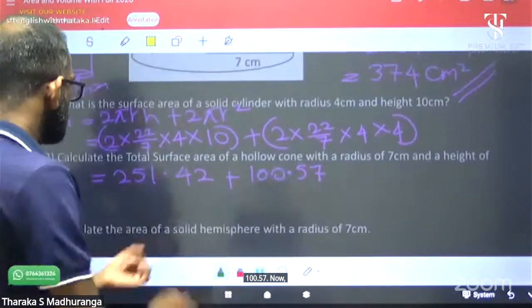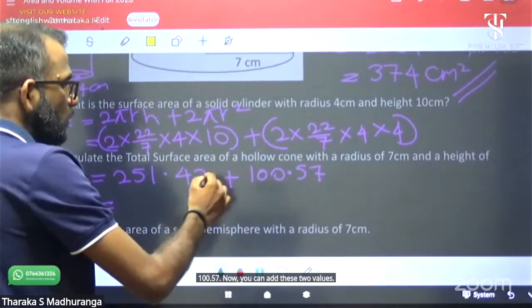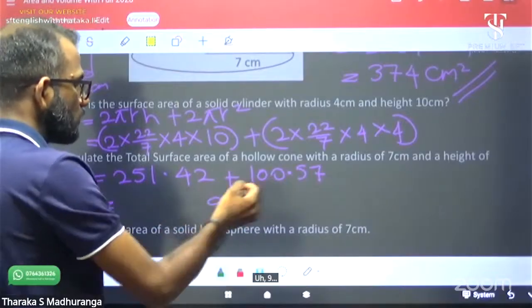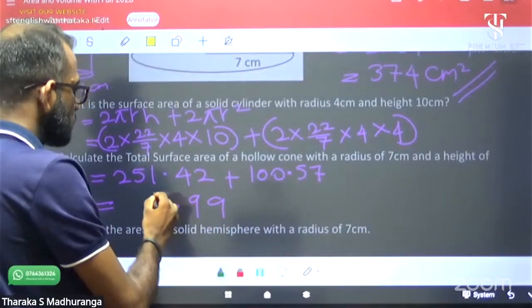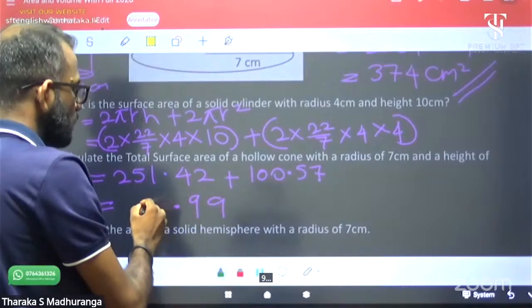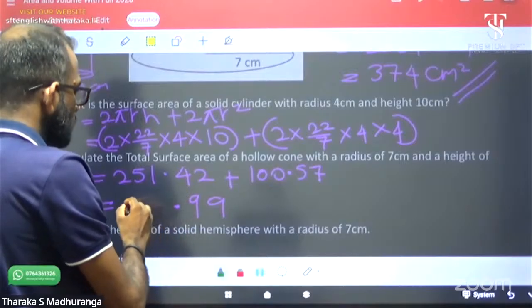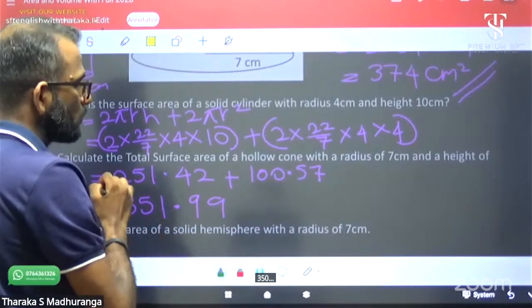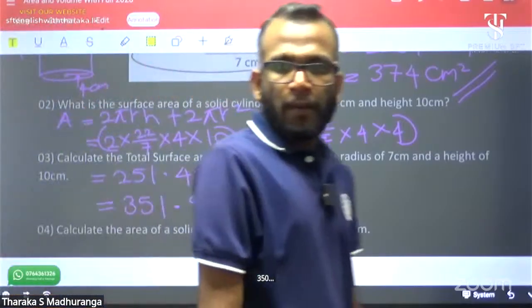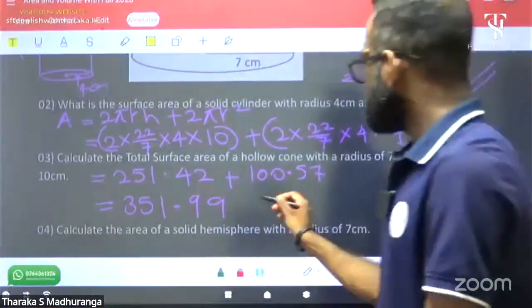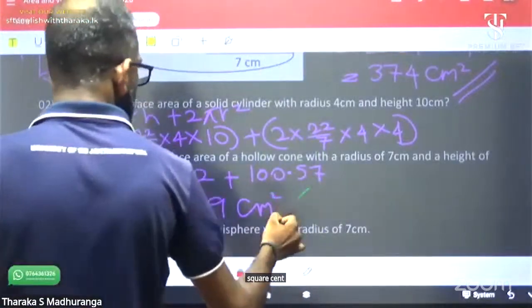Now you can add these two values. The answer is 350 square centimeters. Right?